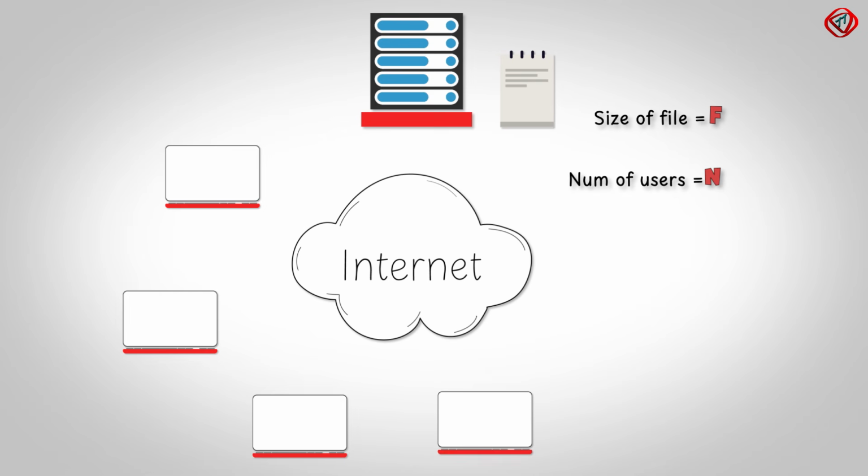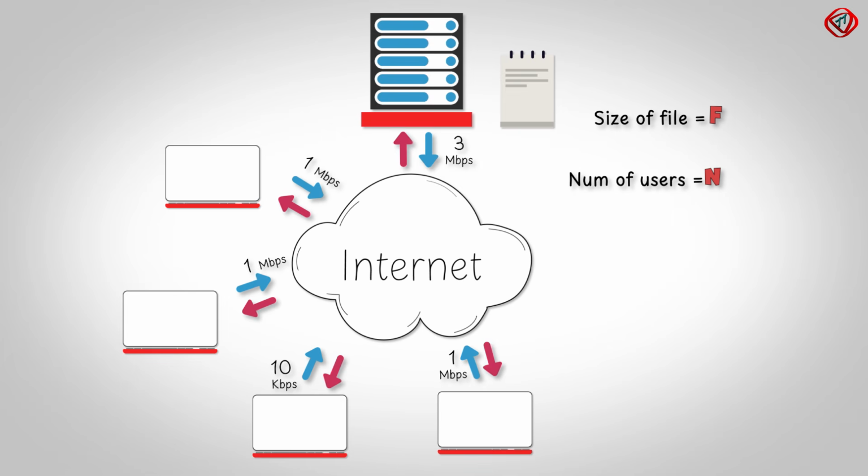Now, every device has two speeds: an upload speed, which tells how fast it can send data, and a download speed, which tells how fast it can receive data.